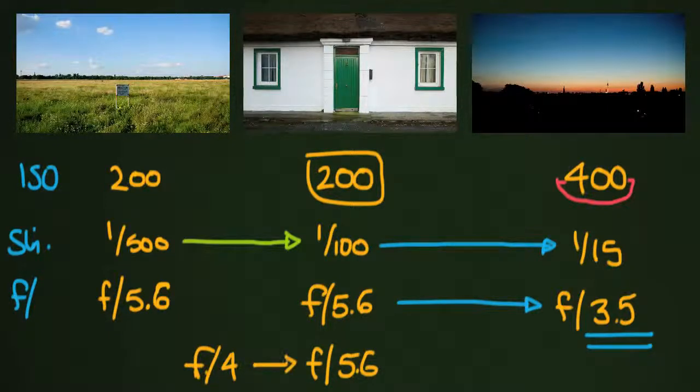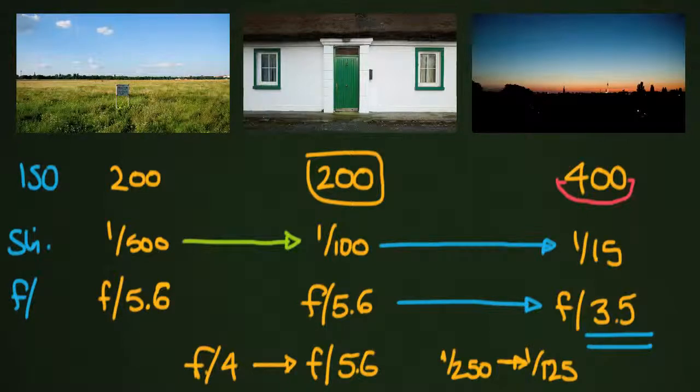You also have, for example, 125th of a second and 250th of a second. That is also one stop of light. So shutter speeds can be one stop of light, and f-stops can be one stop of light away from each other.